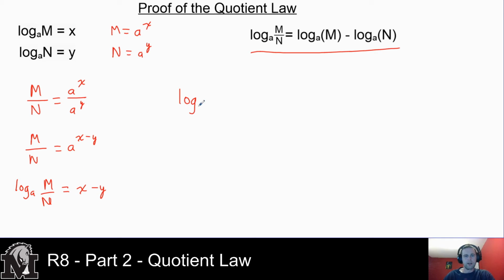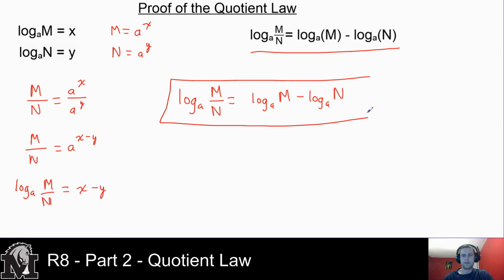So log base a of m over n equals, now x, by very definition at the very start, we said that's equal to log base a of m. So log base a of m, and then we're going to subtract y. And again, our definition at the very start here says log base a of n. And this here is exactly what our law is.